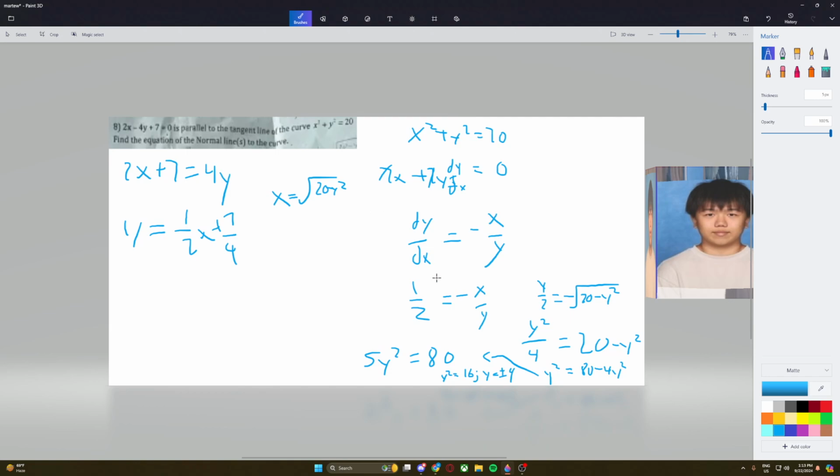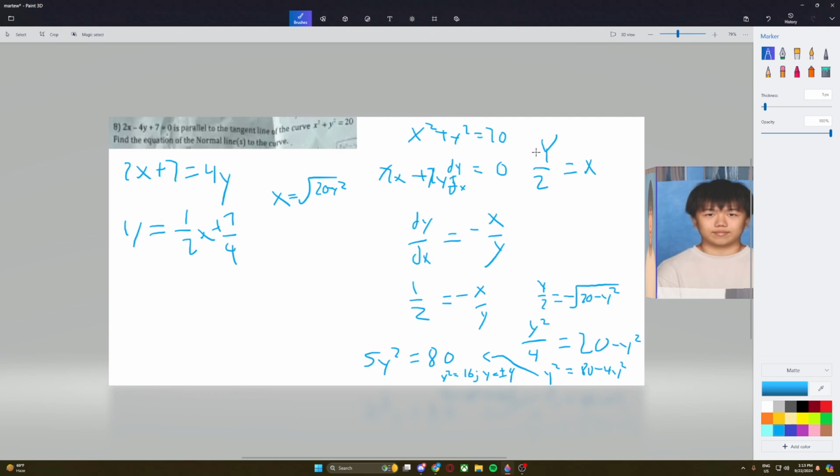Now all you have to do is go back. Let's go back to the equation y over 2 equals negative x, and plug in plus or minus 4.